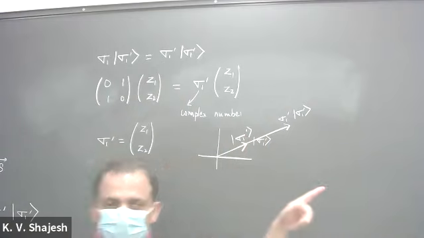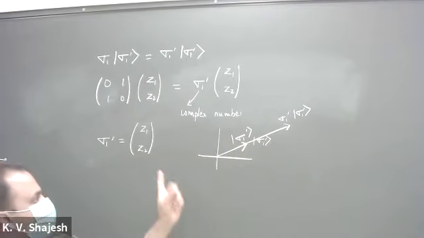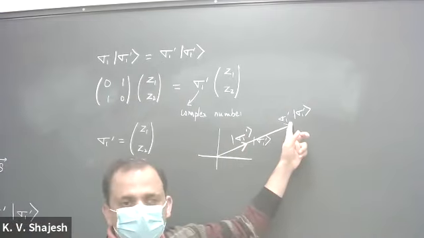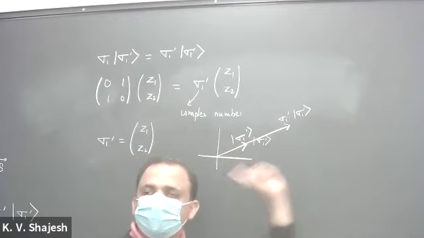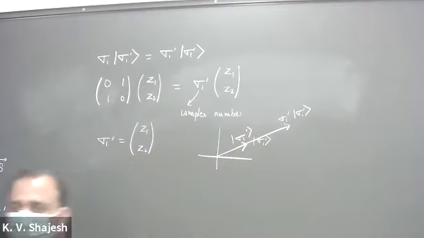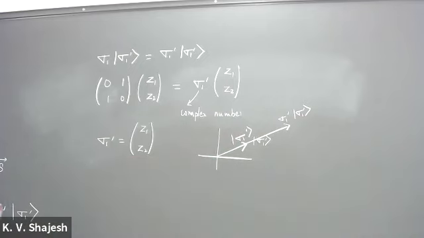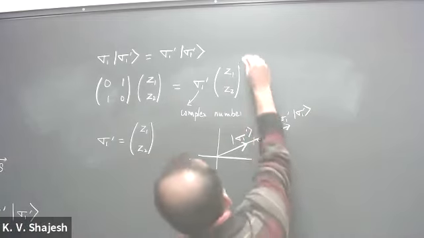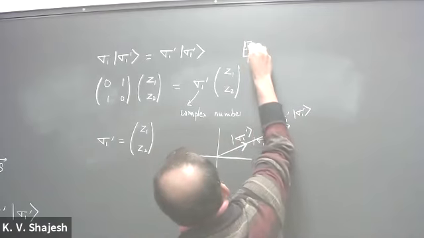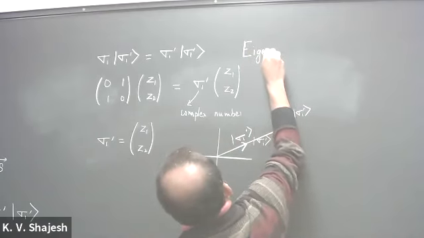It stays in the same direction. It cannot move around. It only multiplies it by a scalar number. So its direction remains exactly the same in the vector space, but its length changes. Like it can become smaller or bigger. Is that clear? So that's the idea of an eigenvalue equation. So this is called an eigenvalue equation.